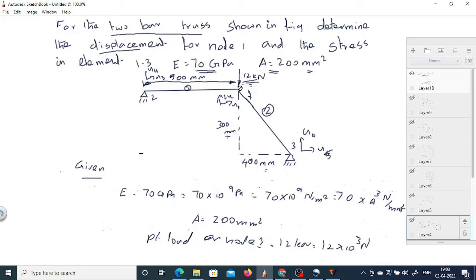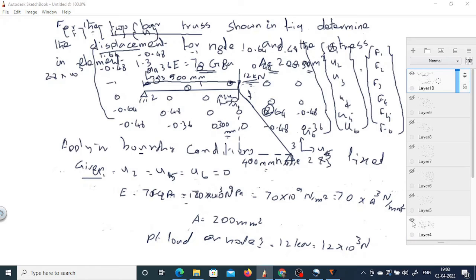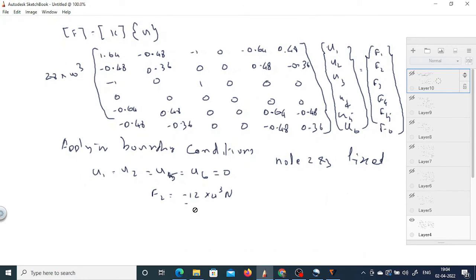F2 has a negative symbol because the point load is downward. So now minus 12 into 10 cube Newton is acted.